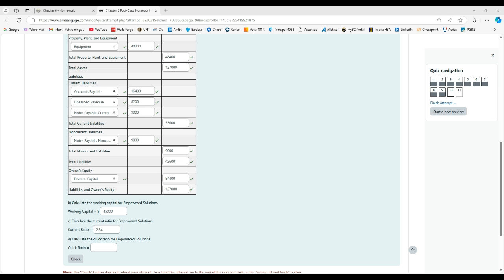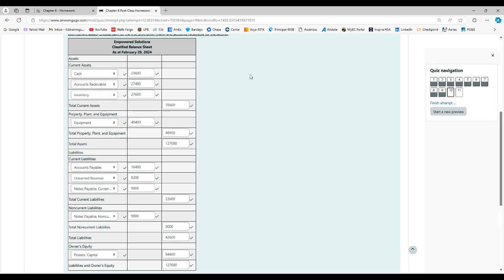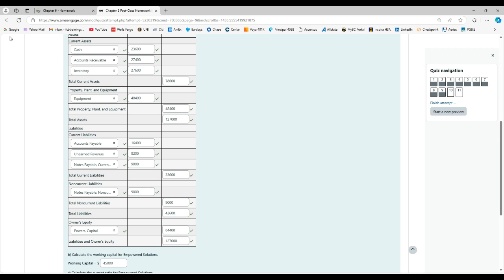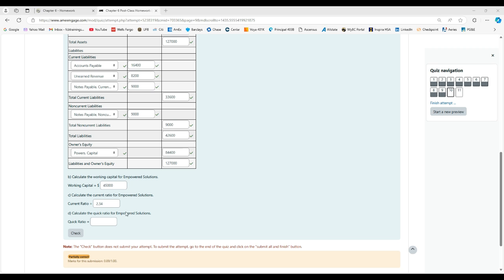Basically just cash and accounts receivable, not inventory. So cash and accounts receivable divided by current liabilities: 23,600 plus 27,400 divided by current liabilities of 33,600. I get 1.52. So let's see if you got them right. That's good.